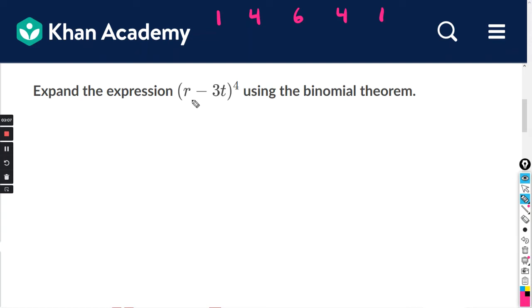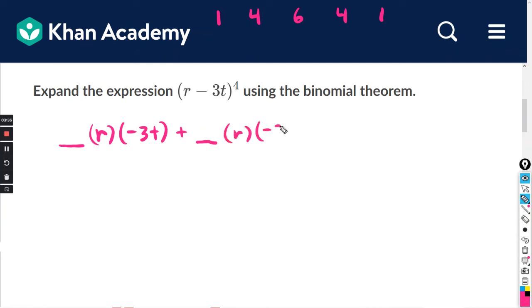All right, and in each case, we're going to be multiplying r times negative 3t. So I'm going to start with that. All right, and each one, it's going to be r times negative 3t. And I'm going to leave a space in front of each one. Okay, a blank space, and you'll see why in a minute.